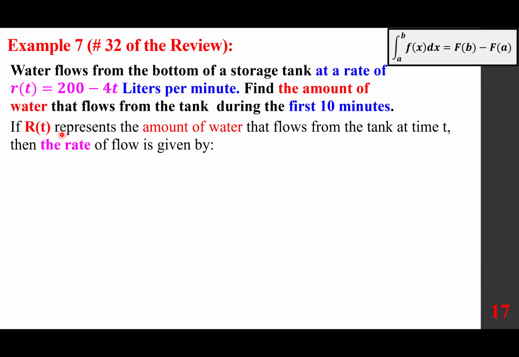If capital R of t represents the amount of water that flows from the tank at time t, then the rate of flow is given by capital R prime, or lowercase r of t, equals 200 minus 4t.